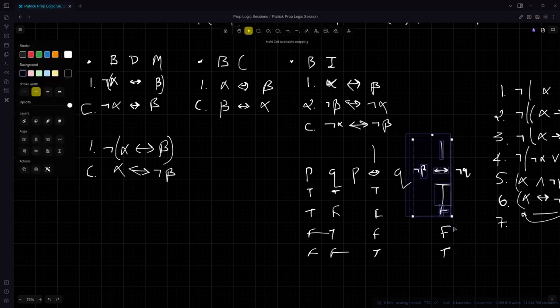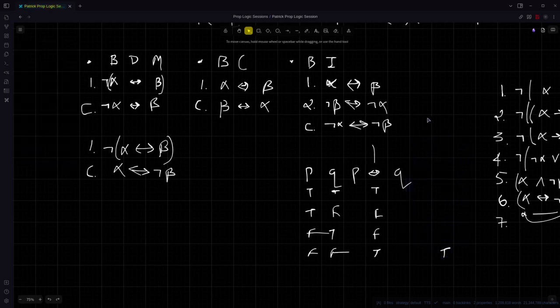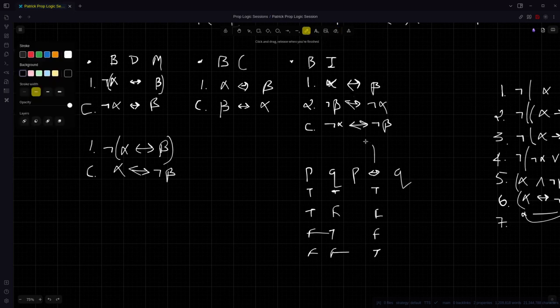And an even simpler way of thinking about it is that alpha if and only if beta just means that both of them are true, but it's also true when both of them are false. So this and this are equivalent because this is just the case where both of them are true, and this is just the case where both of them are false.